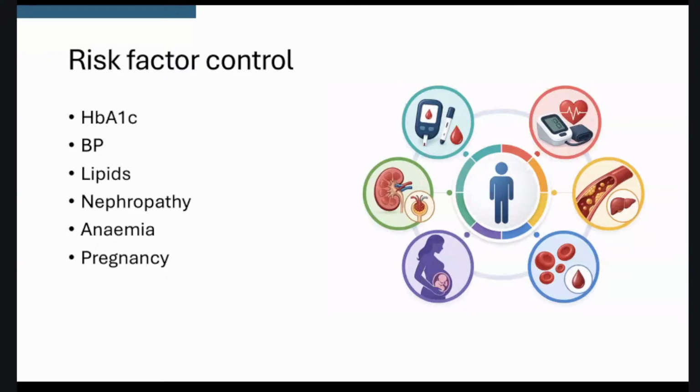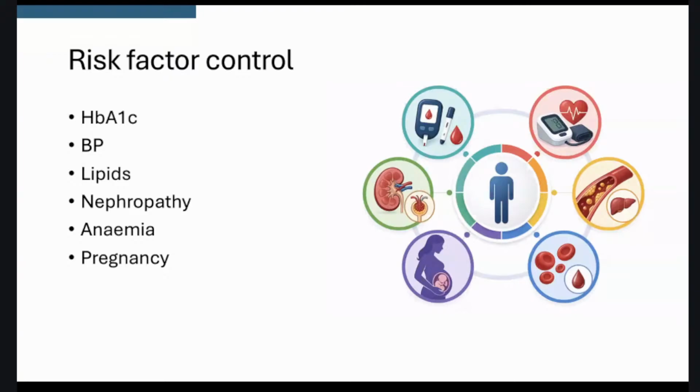And the HbA1c, or the long-term glycemic control, is important. So it's not enough just to get a glucose when they visit and say whether they're controlled or not. We need to have a long-term control. And then the blood pressure is also important, and it's also important to manage the hyperlipidemia.